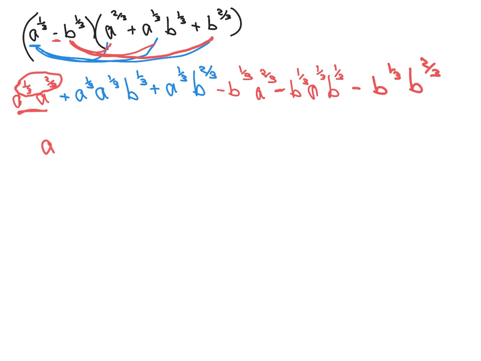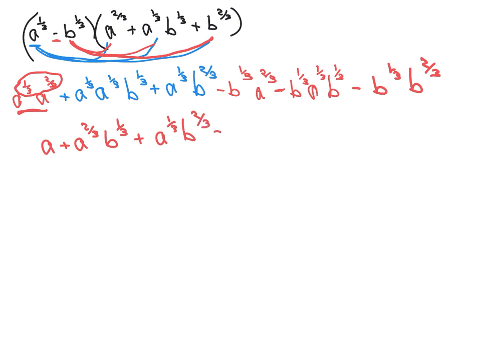Okay, let's look at what else we've got here. We've got a, b. Let's go ahead and add these. So that's going to be plus a to the 2/3, b to the 1/3. So we're just combining. Plus, can't do anything with this one. There's nothing to combine.